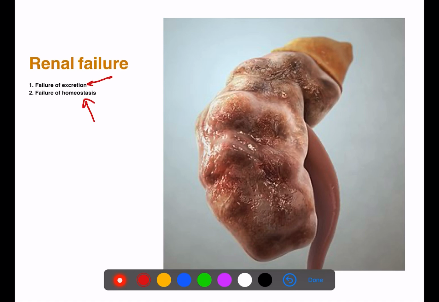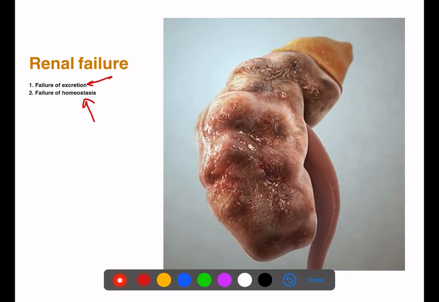This defect leads to acute renal failure. Chronic renal failure mainly occurs due to a renal cause: destruction within the renal parenchyma, the renal tissue. The destruction usually occurs spontaneously or slowly and becomes chronic.